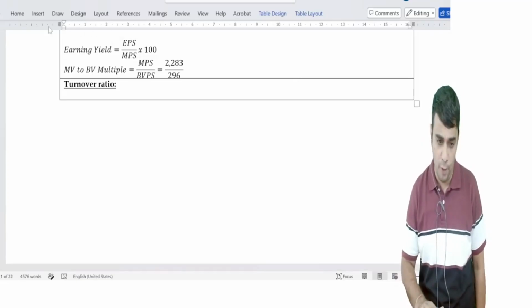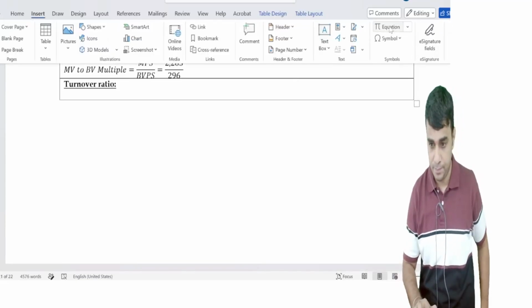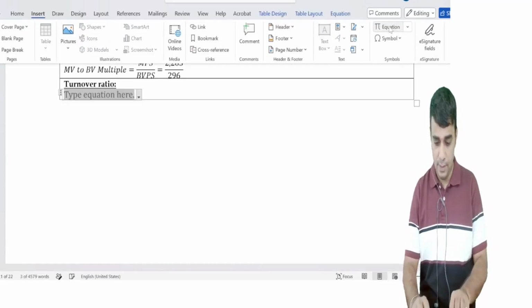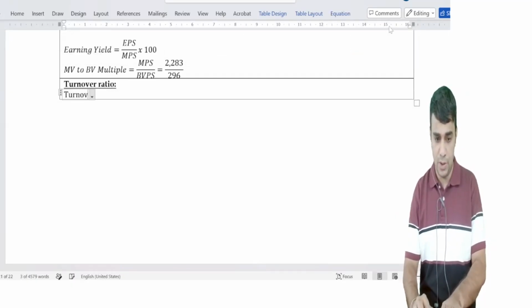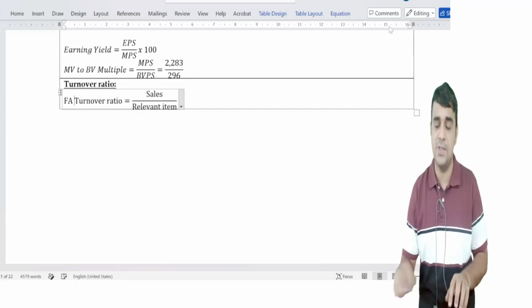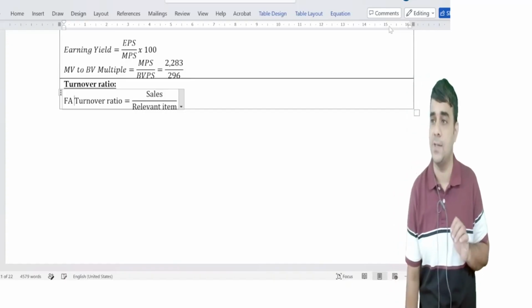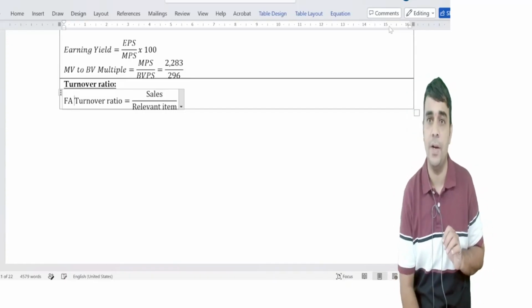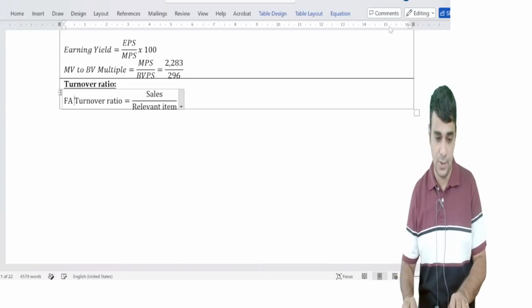The usual formula is: turnover ratio is equal to sales divided by the relevant item. What is the relevant item? Fixed assets turnover ratio is divided by fixed assets.